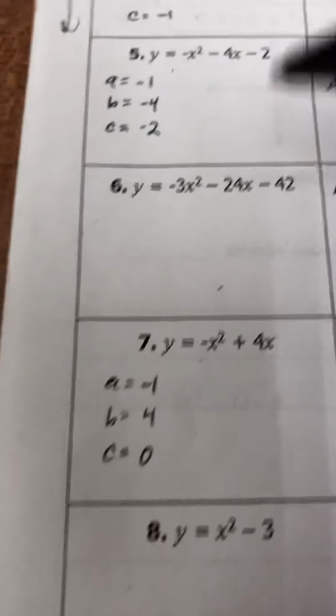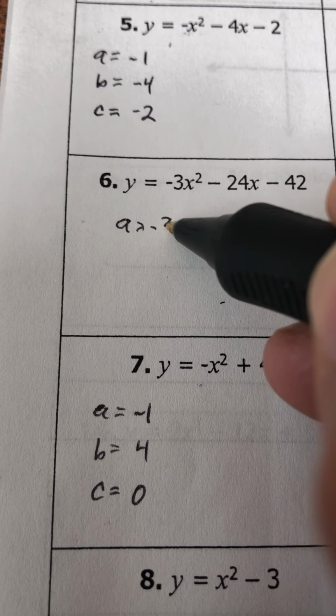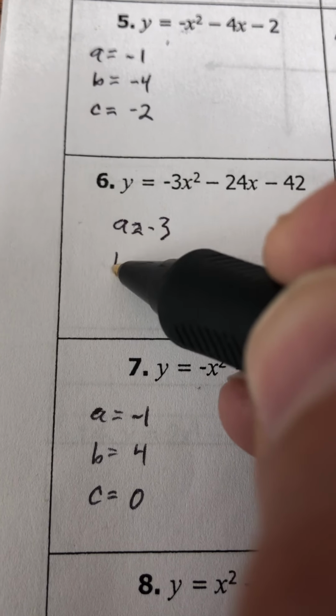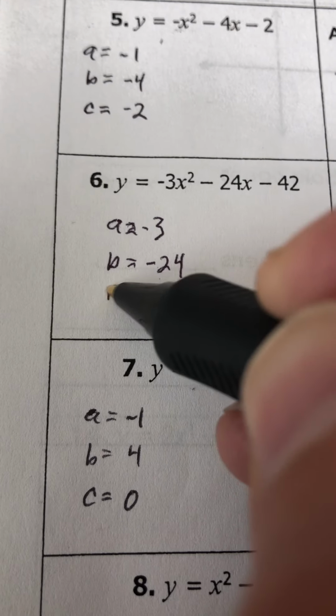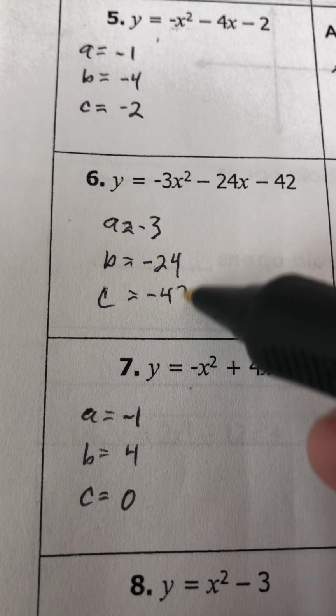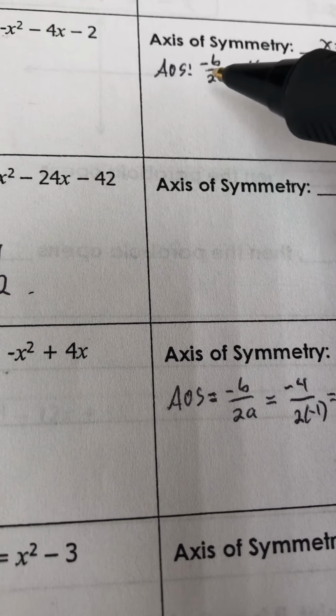Just to set you up for 6, A is going to equal -3. B is going to equal -24. And C is going to equal -42. Okay. So go ahead and do that whole -B over 2A.